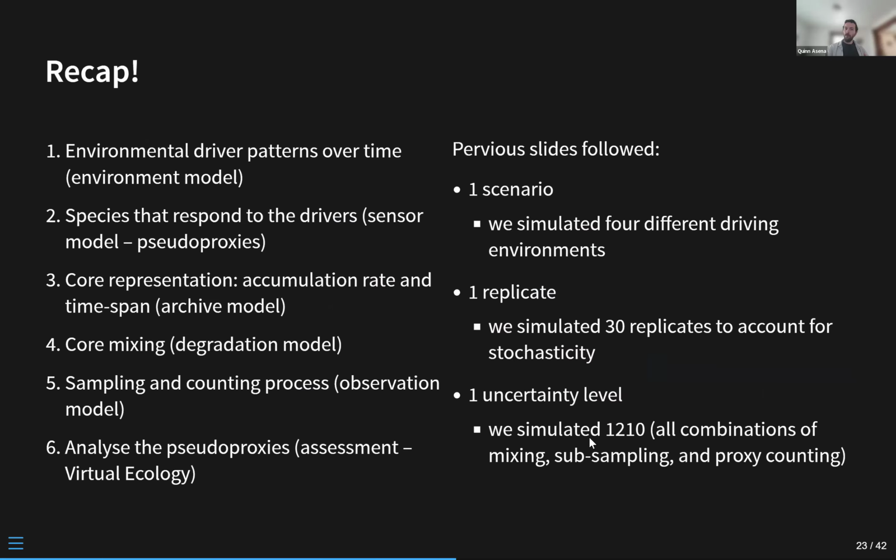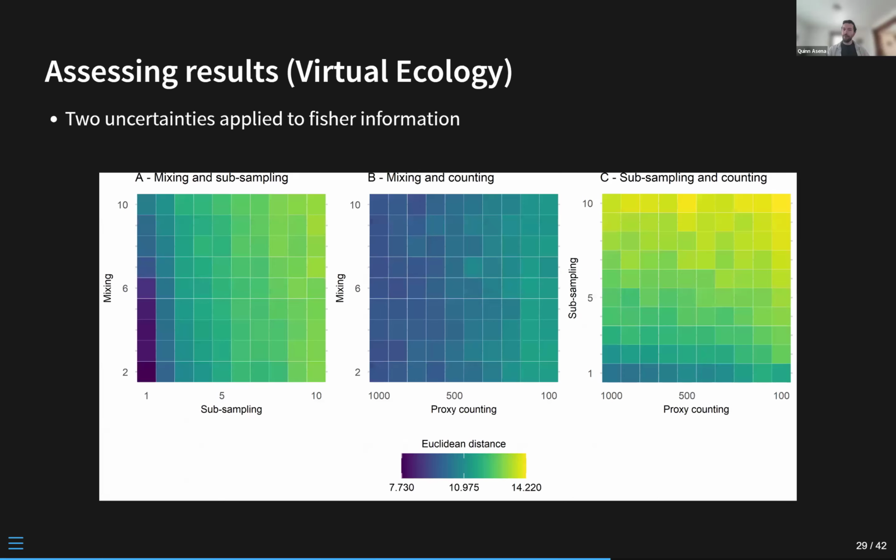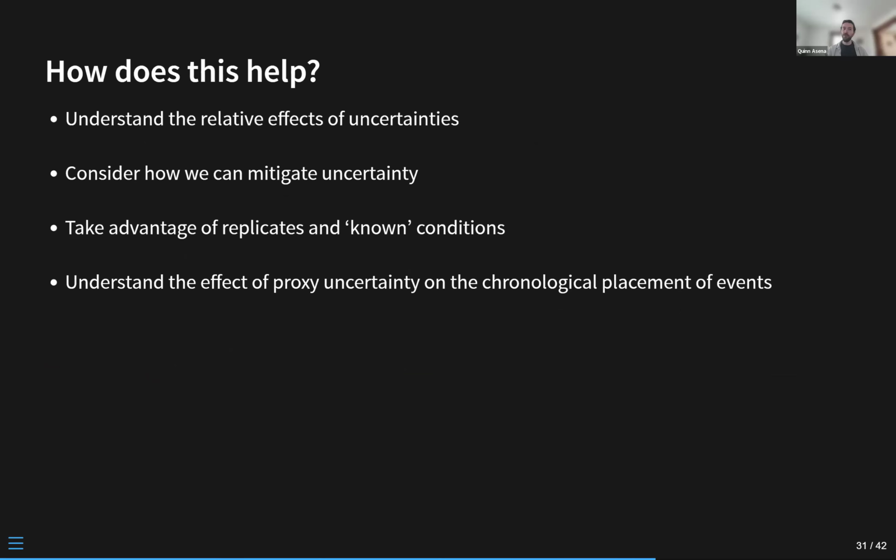So we can quite rapidly see the issue here with these layers of uncertainty, but also how our environment and our sensors and our observations and our degradation are decoupling our ability to recreate the signal of interest.